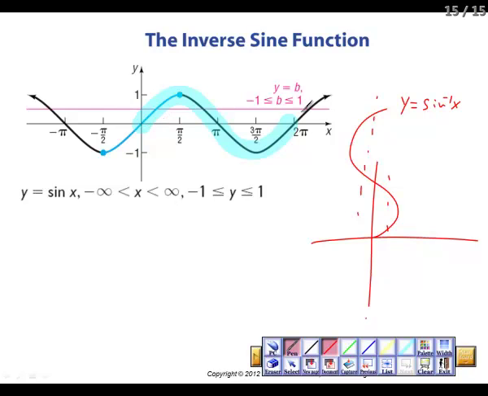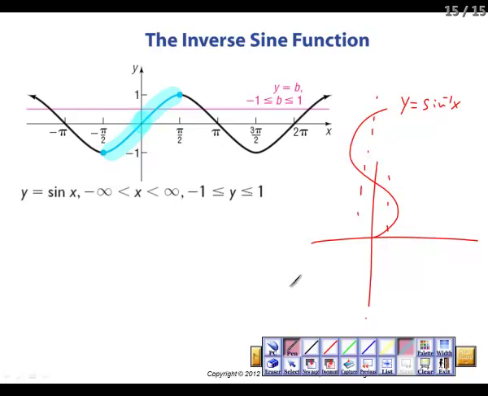So what we have to do here is restrict sine, and we do that by going to just pi over 2, and then we go to negative pi over 2 in the other direction.